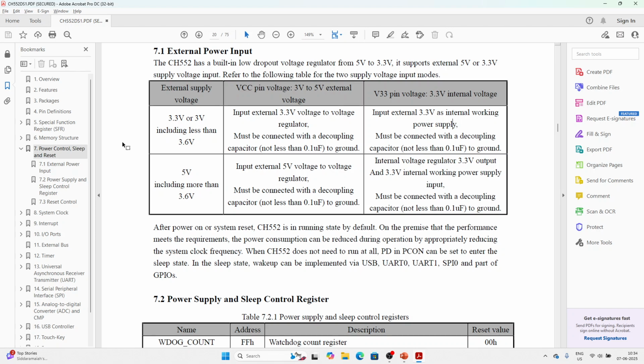Else, if anything above 3.6 volts, that can be taken as VCC, and the internal LDO will produce 3.3 volts, which can be taken out from pin 16 of CH552G.